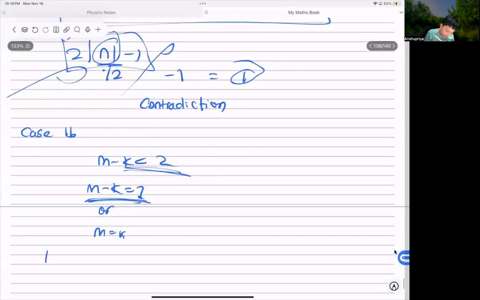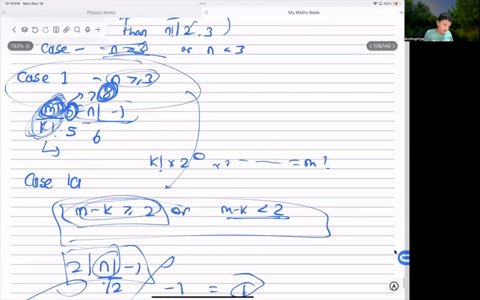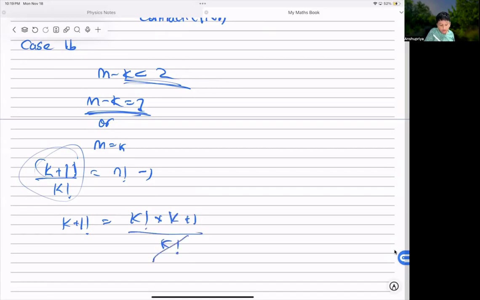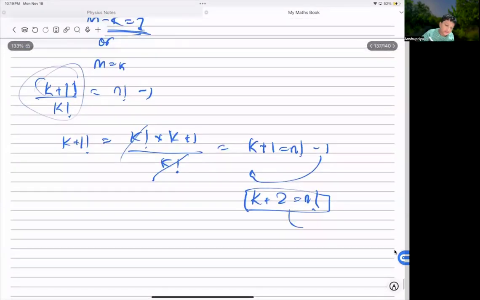We get (k plus 1) factorial upon k factorial is equal to n factorial minus 1. What is this? (k plus 1) factorial is k factorial into (k plus 1), divided by k factorial, cancelled. So k plus 1 is equal to n factorial minus 1. Taking this side, we get k plus 2 is equal to n factorial.